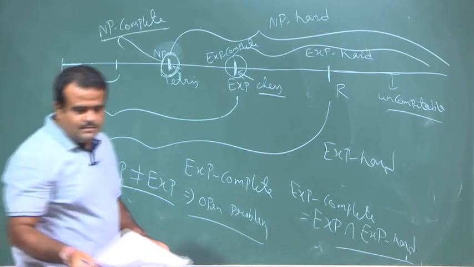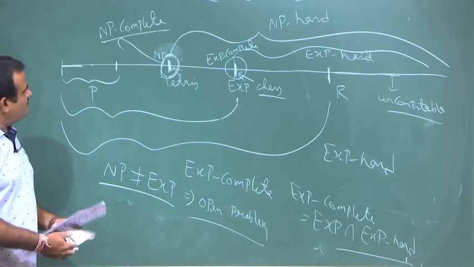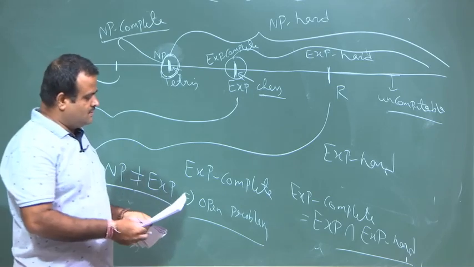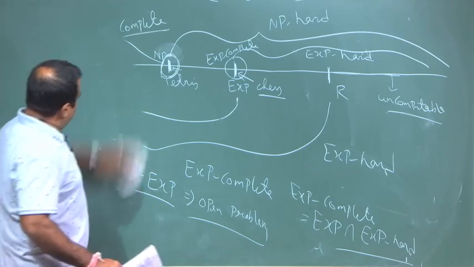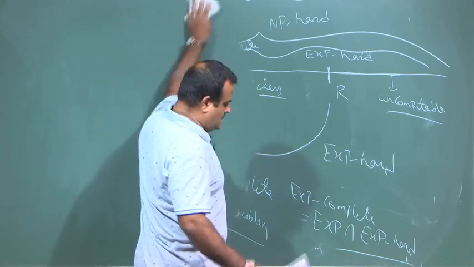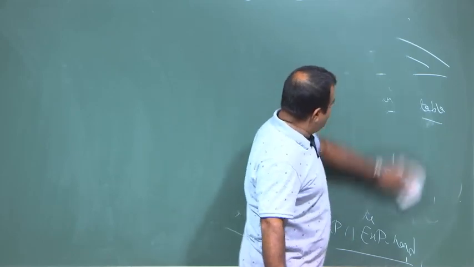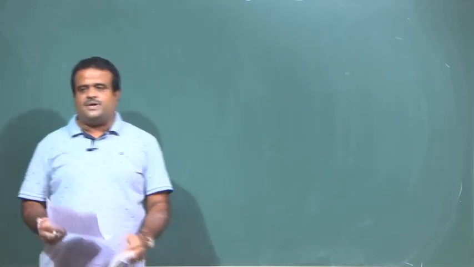So, this is NP complete, NP hard. Now, we will talk about reduction. This is the way we design algorithms, most of the time, because in reduction we reduce one problem to another problem.